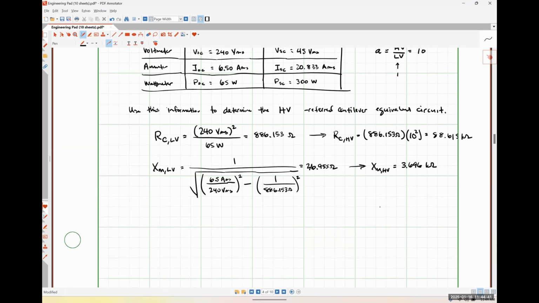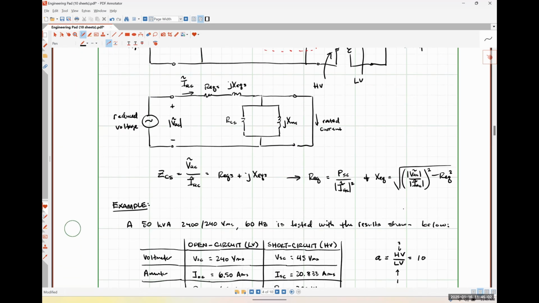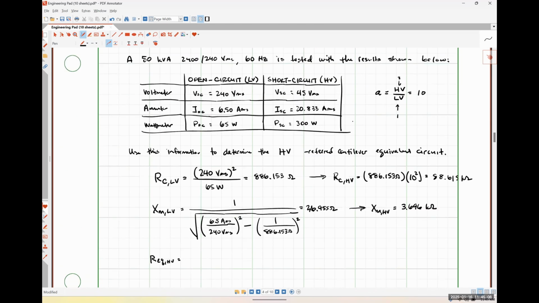Now we can figure out what REQ high voltage is. So looking back up here just really quickly, our resistance from our short circuit test is just our short circuit power divided by our measured current squared.